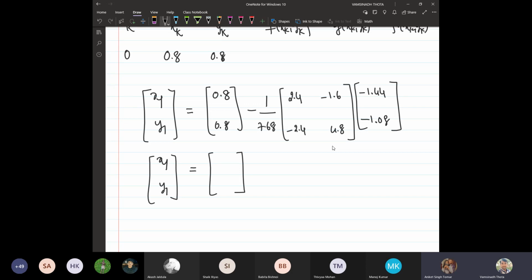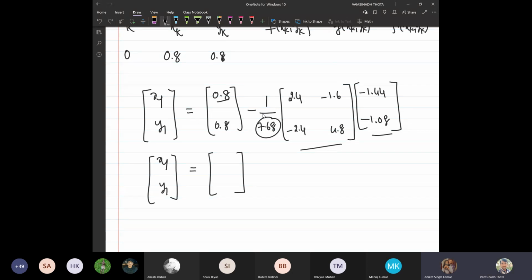The common mistake some of you may make here is that they will do the matrix multiplication, like 2.4, this matrix times this matrix, and they will subtract from this 0.8 also, and later they will divide with this one. That should not be the case.